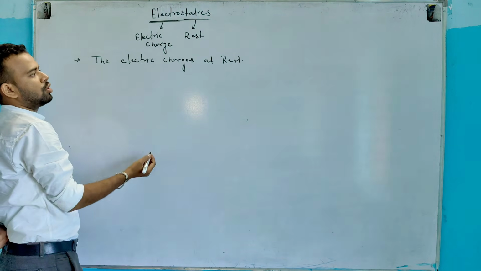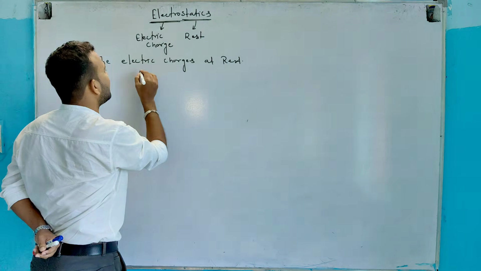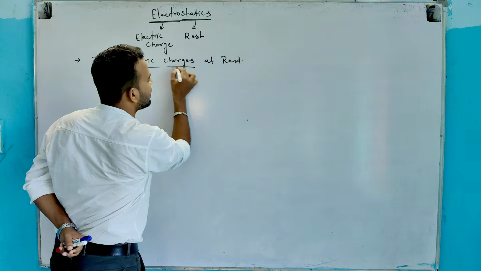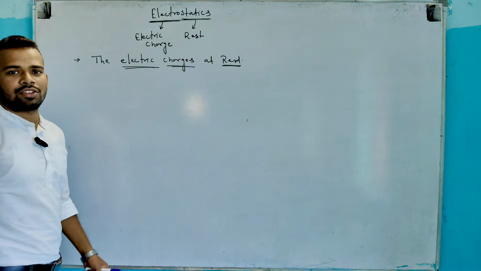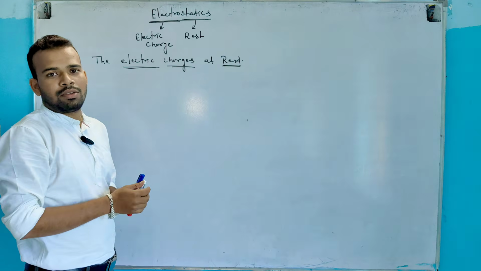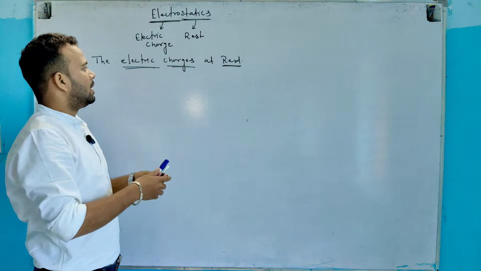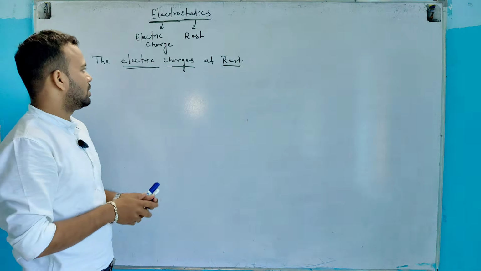In this chapter, we are going to discuss electric charges at rest. When the charge is at rest, what is the effect? What is the effect of electric field? What is the effect of electric potential? In this chapter, we are going to discuss.